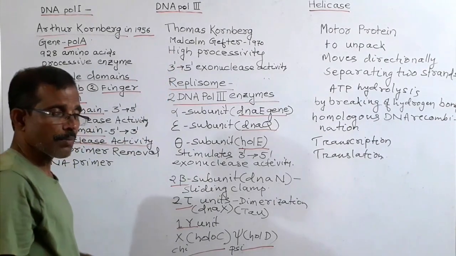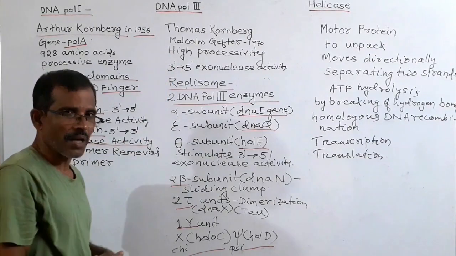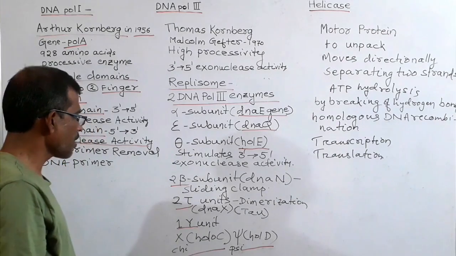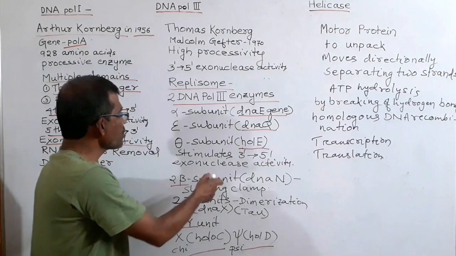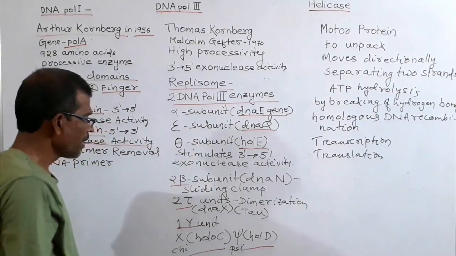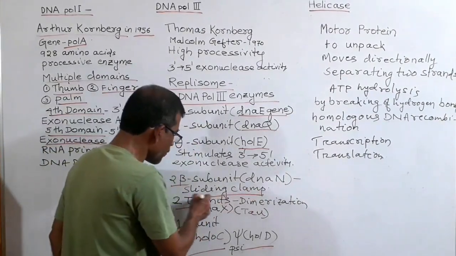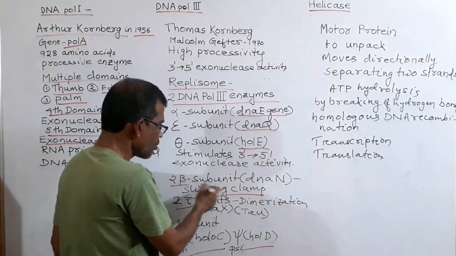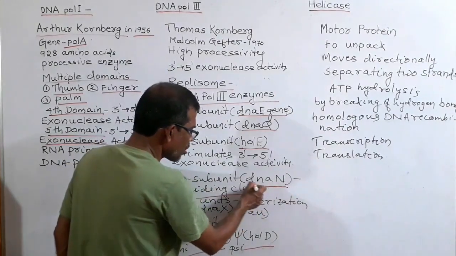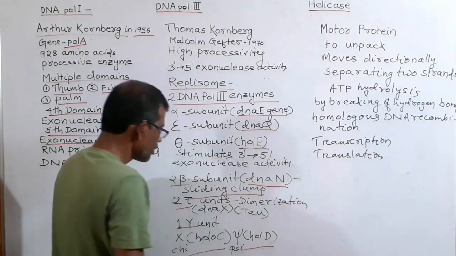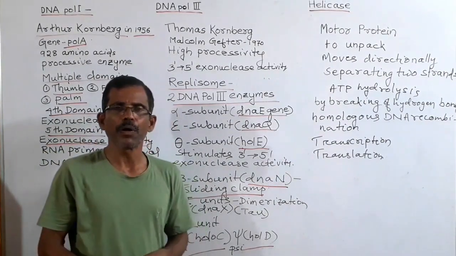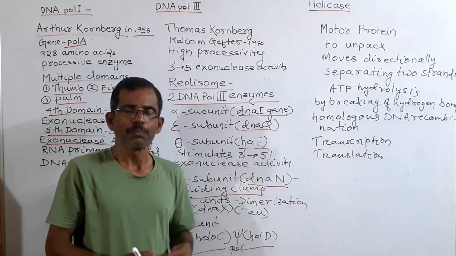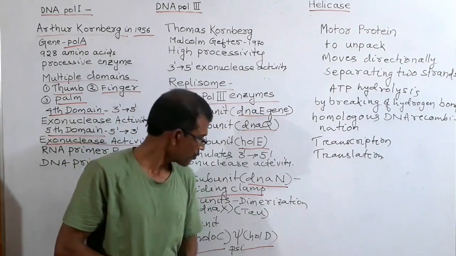So DNA polymerase 3 is the primary enzyme in the process of DNA replication. The beta subunit, which is also present in the replisome, acts as a sliding clamp. This subunit is encoded by a gene known as dnaN. The sliding clamp prevents the DNA polymerase from separating from the DNA template.